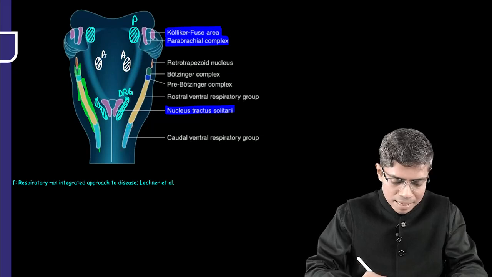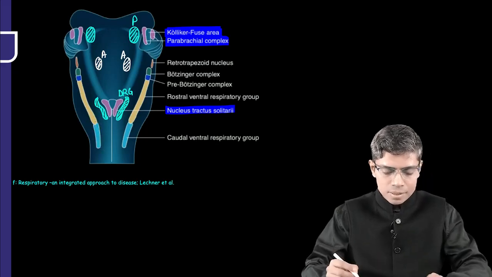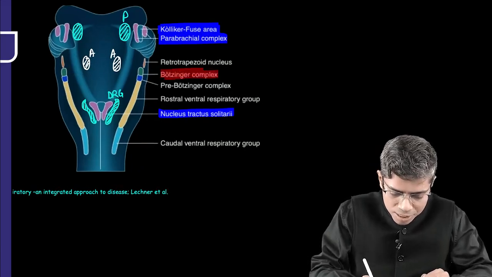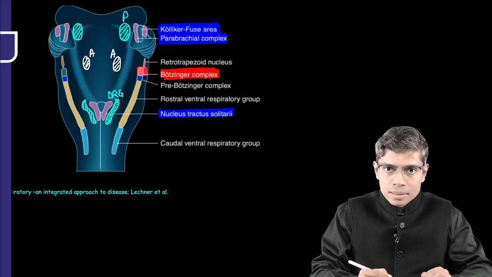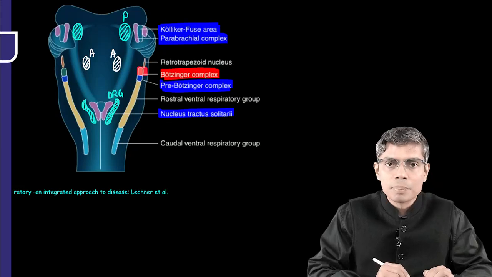Now try to identify the different parts of this ventral respiratory group of neurons. The first part, as you can find here, is the Bötzinger complex. Then just after this Bötzinger complex, you find the pre-Bötzinger complex.